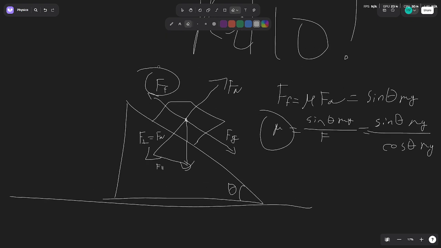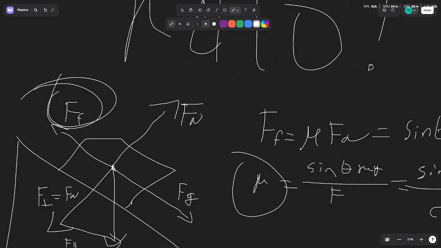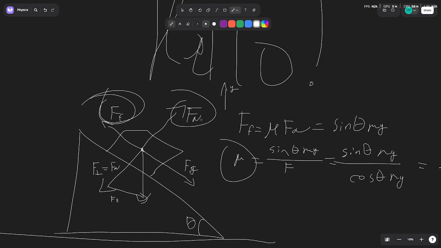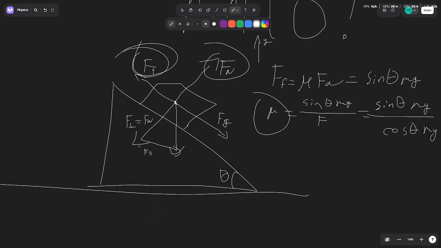So, all right, we figured out the friction force. What about the other things? As I said before, if you don't apply any force upwards on the y-axis, Fn has to equal 0. And this thing, F perpendicular, will equal 0 too.